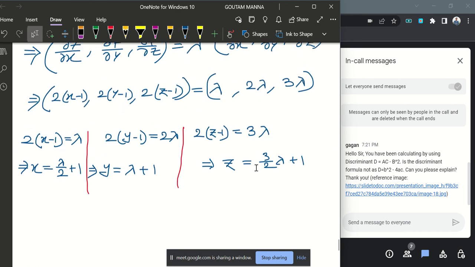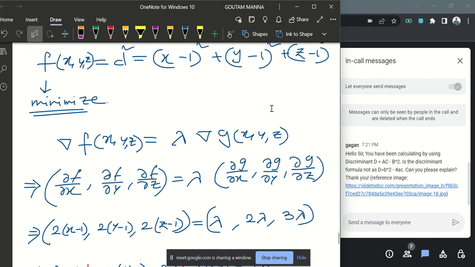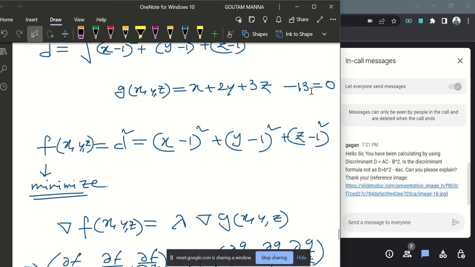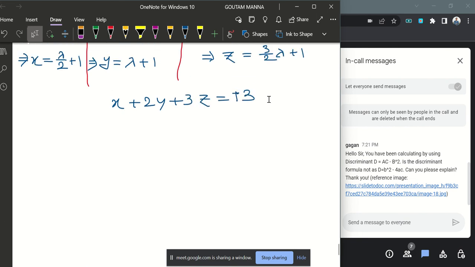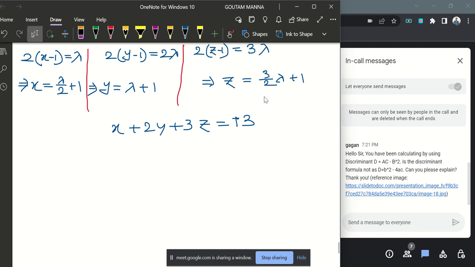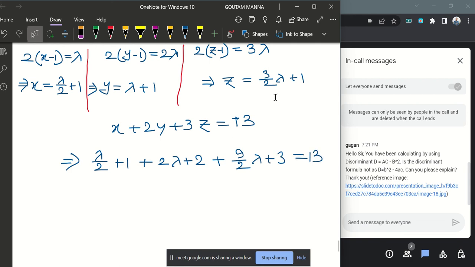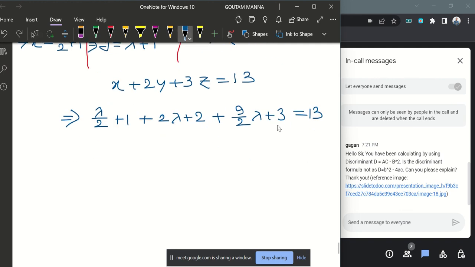So we have x, y, z in terms of lambda, and now we use the constraint equation x plus 2y plus 3z equals 13. If you put the values of x, y and z in terms of lambda, you will get lambda by 2 plus 1 plus twice y, that is 2 lambda plus 2, plus 3z, that is 9 by 2 lambda plus 3, equals 13.